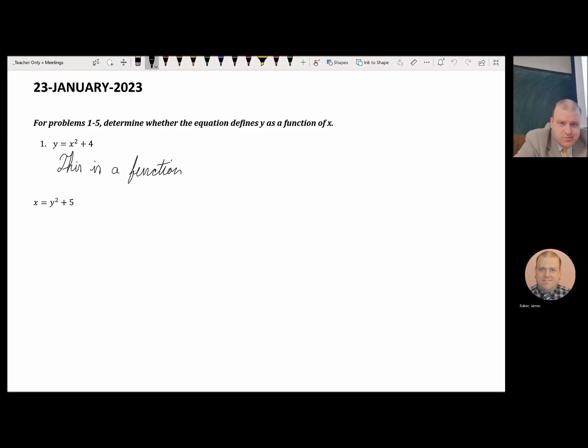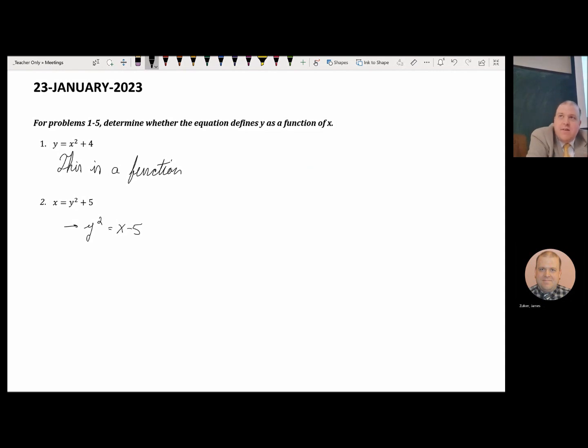Let's go. And again, we have another relation, x equals y squared plus 5. We're trying to solve for y, right?